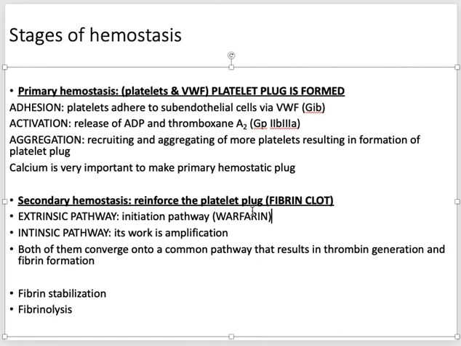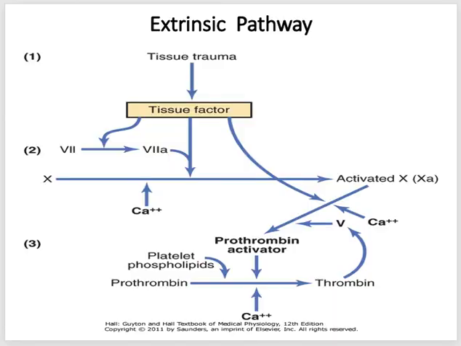Now, warfarin blocks the extrinsic pathway. If you see over here, guys, what it means: factor 7, factor 10, factor 2, and factor 1, all these can be blocked by warfarin.